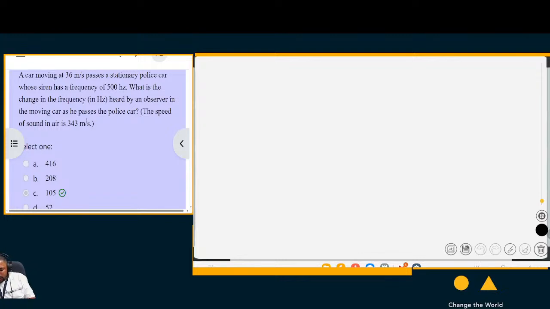So the change in those two frequencies. The change in the frequency that is heard is the frequency as they are moving towards minus the frequency as they are moving away.